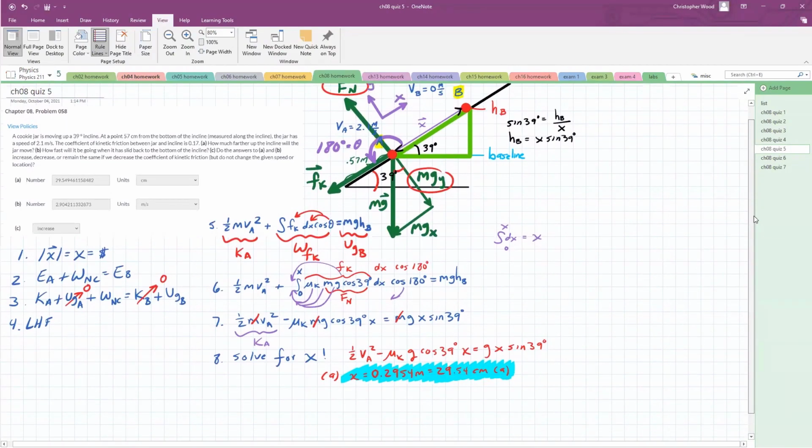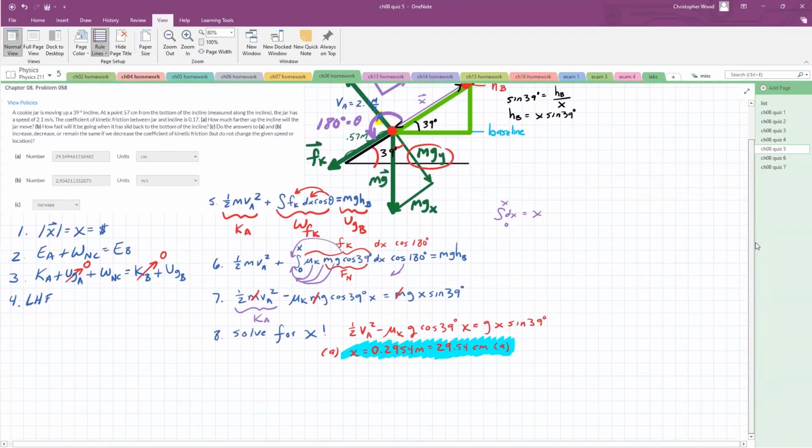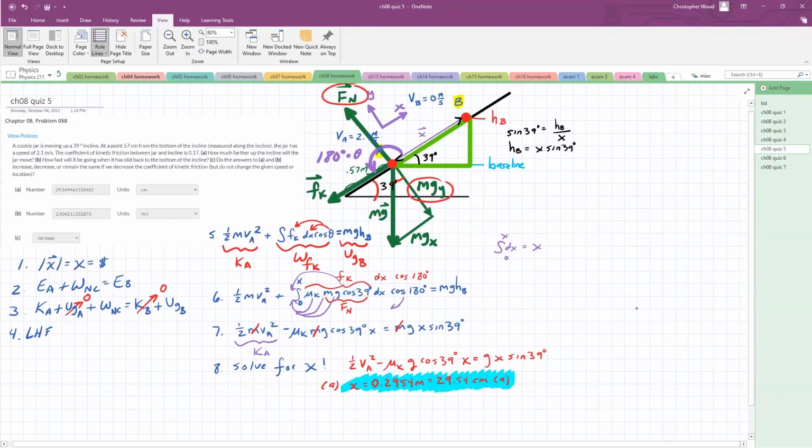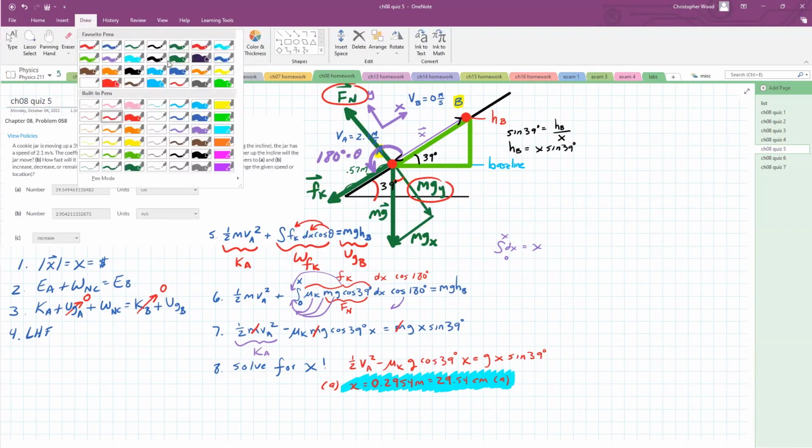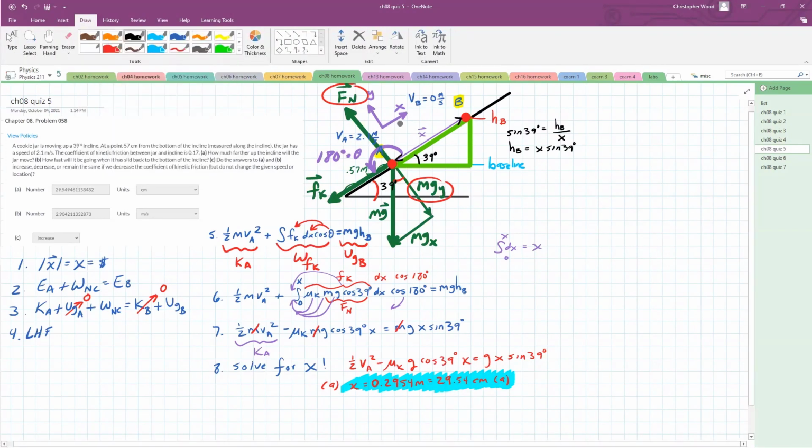Now the question is, it falls back down. When it falls back down, what is the speed when it hits rock bottom again? So let's just do another drawing because things are getting just a little bit too cluttered. All right, so I'm going to draw the ramp again. It's the same ramp.